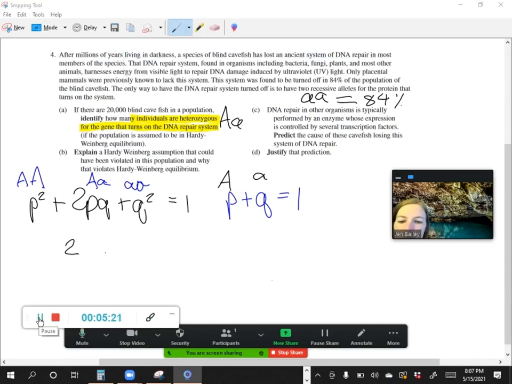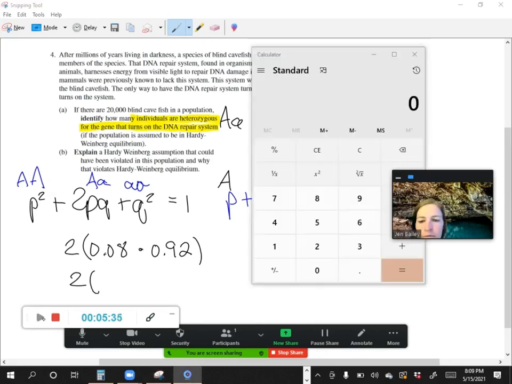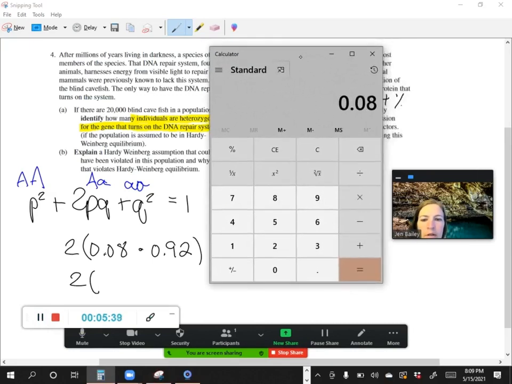So here it is, 2 times 0.08 times 0.92. Easy calculation. 0.08 times 0.92 is 0.0736.